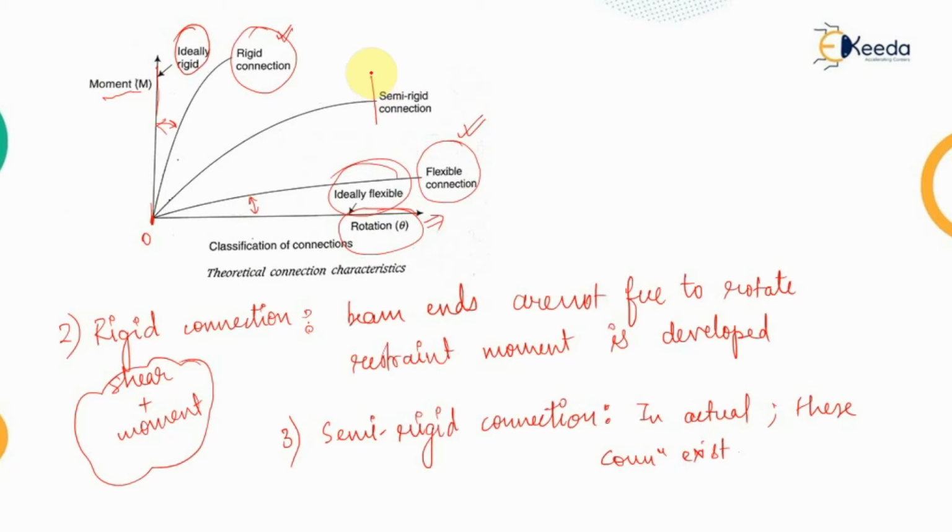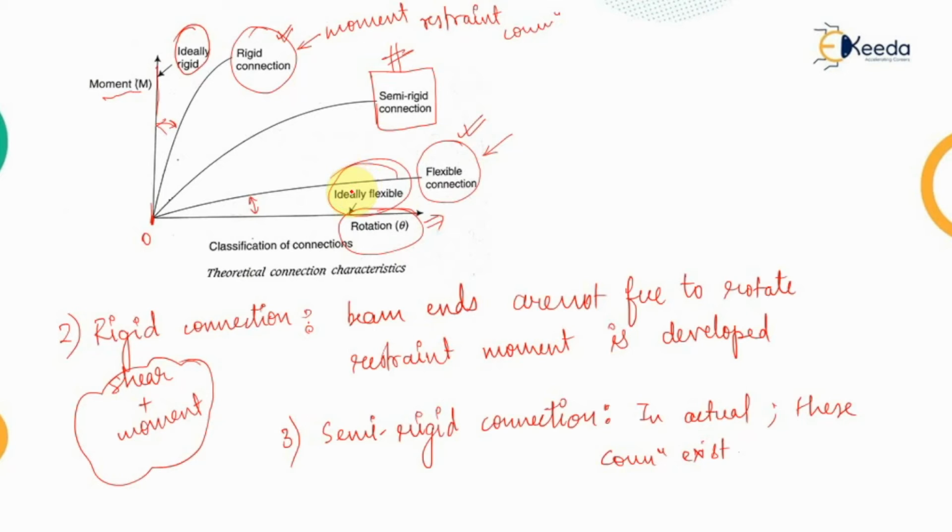In actual, the connection that we will have will act like a semi-rigid connection. So that's why the connection part has to be understood. Although for designing purposes, we will be designing either in the form of the rigid connection or in the form of the flexible connection. These rigid connections are also known as the moment restraint connections.